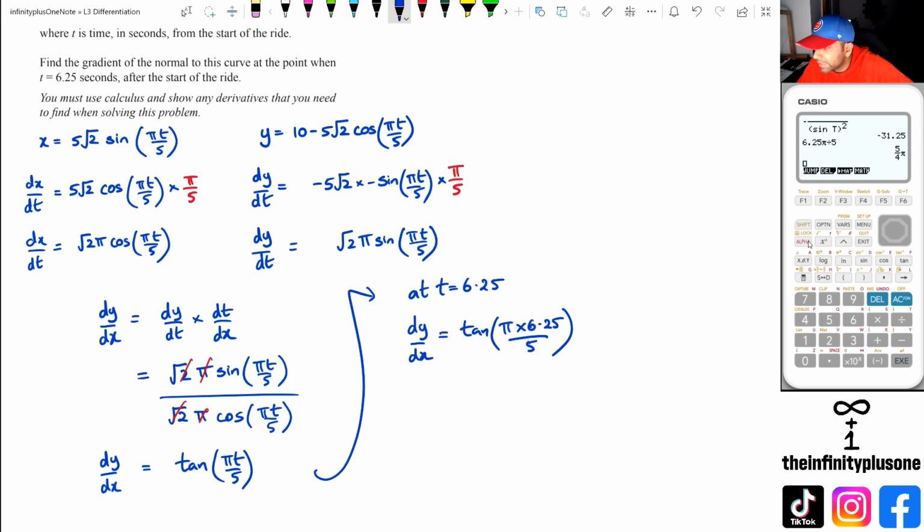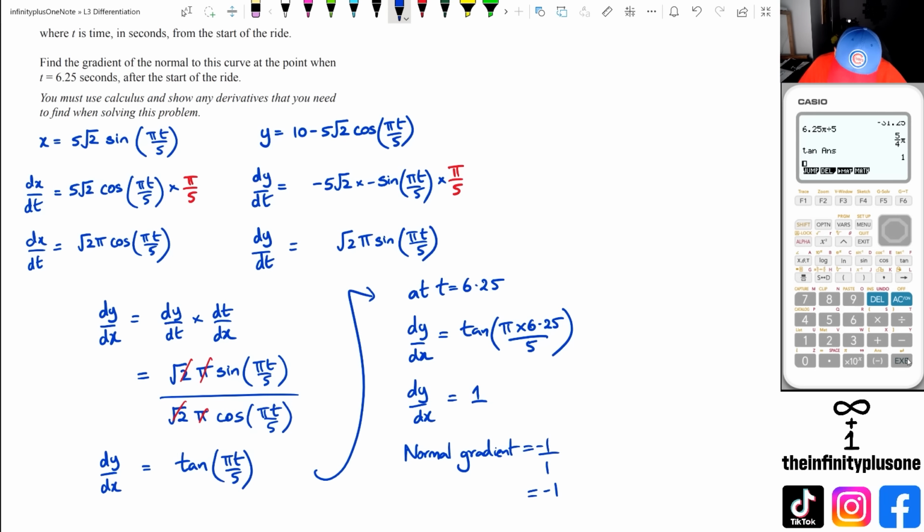It's going to give me that, and then if I work out tan of this answer, that gives me 1. So dy dx is equal to 1, which means normal gradient is negative 1 over 1, which equals negative 1.